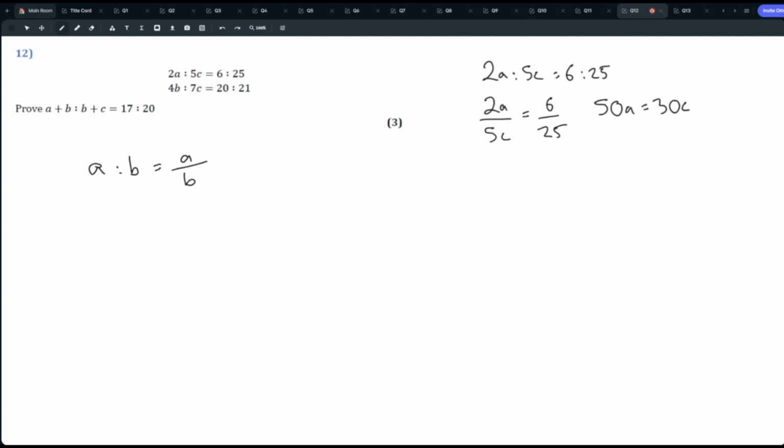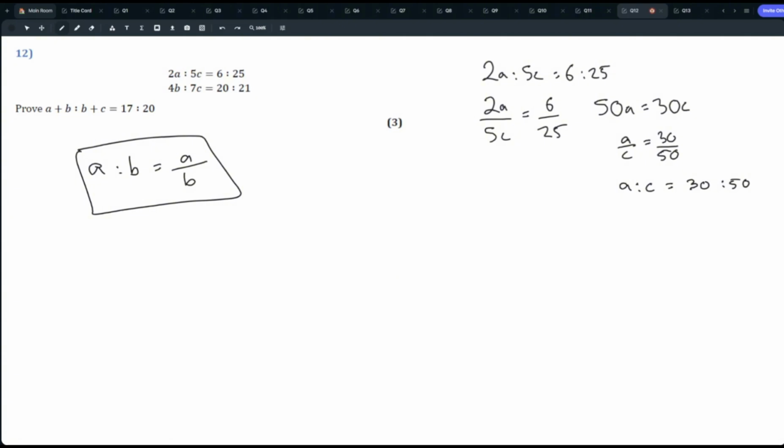Now that I've got that, I could write that in another form. If I divide by c, so a to c equals, and then divide by 50, this would be 30 over 50. Now again, notice how a to b, notice the format. A to c will be equal to 30 to 50. Okay, that's what's happening here.